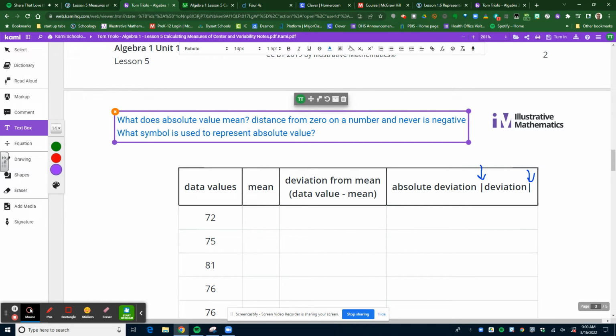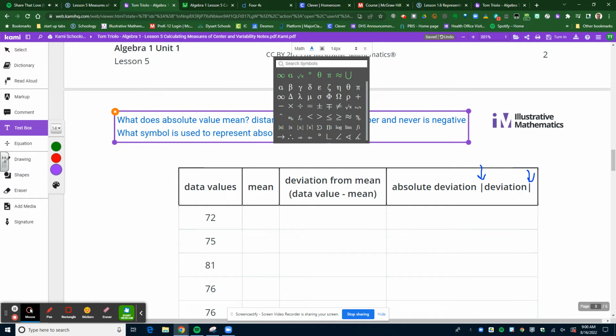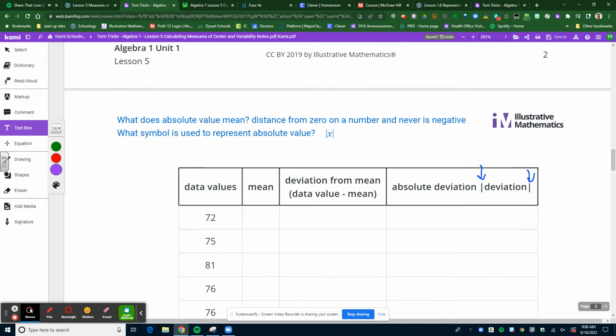The one we want is the one that says F sub x, the little fx right here. It just changed it into a math editor. And then click on the little pi symbol. And look at that. There's the absolute value. I can't see what I just did, but if I click away, it's right there. Okay? So absolute value. Don't necessarily have to have the x in it.